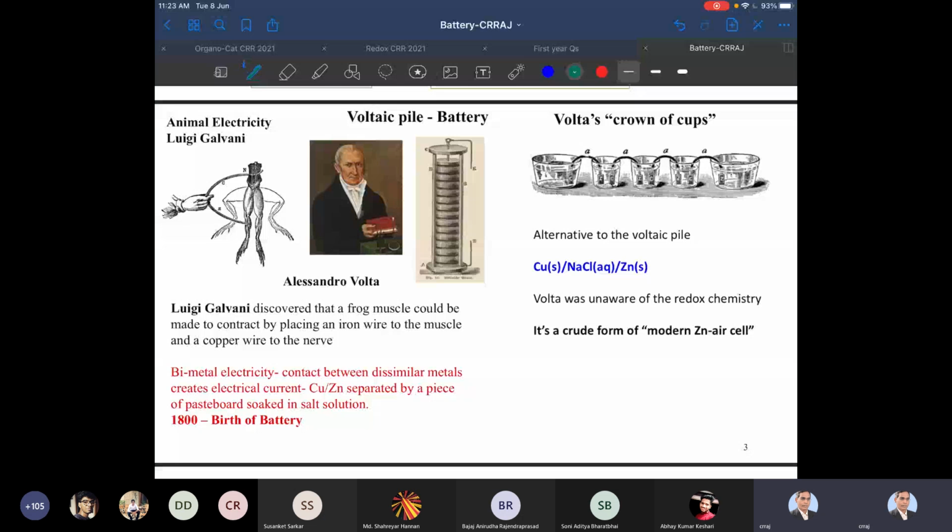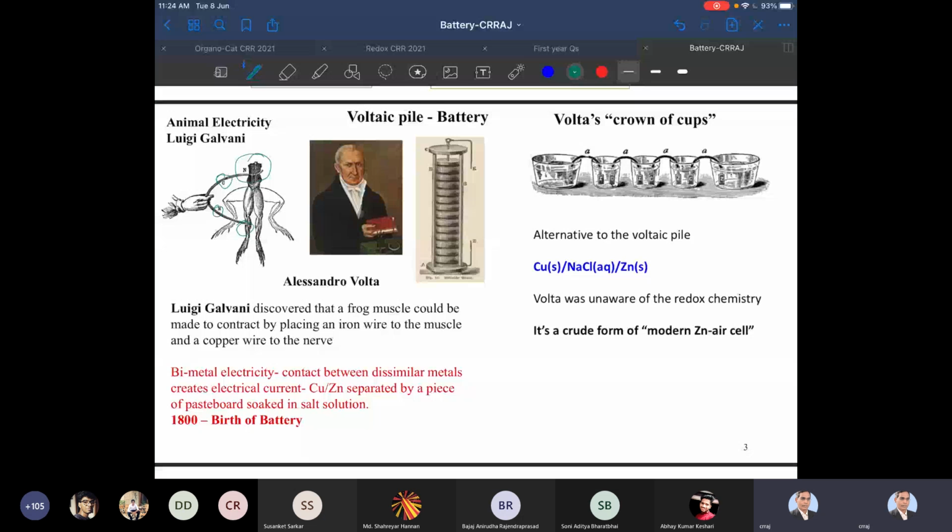He was working with a frog. He cut the frog, and then he took two different metals, copper and zinc wires, and connected this portion and this portion. What he noticed was a twitching of the muscles, right? We cannot show the animation because this is a PDF file.